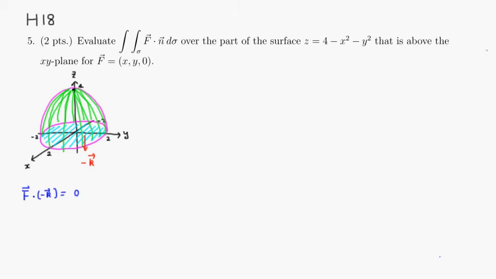Then we do the divergence theorem. I'm going to call this bottom piece disk D or something like that. We know that the disk D has no contribution.